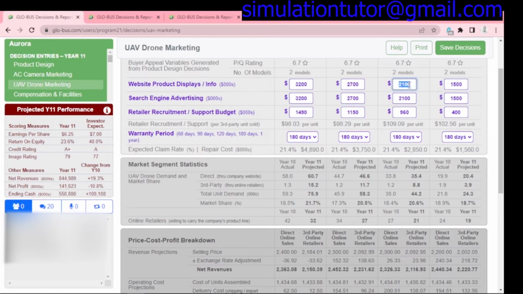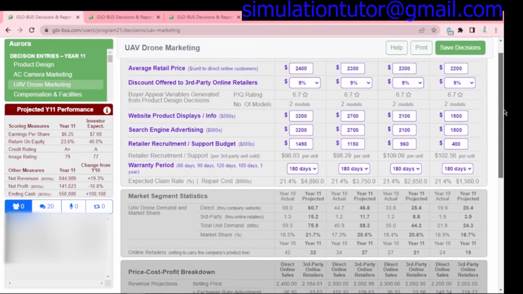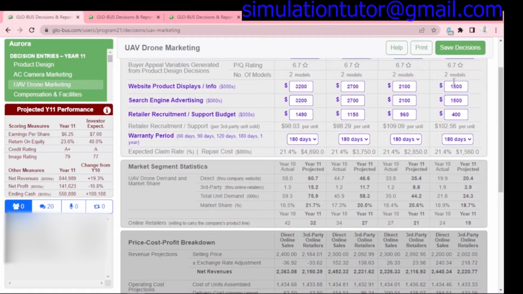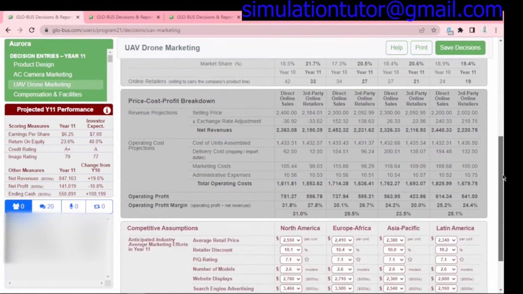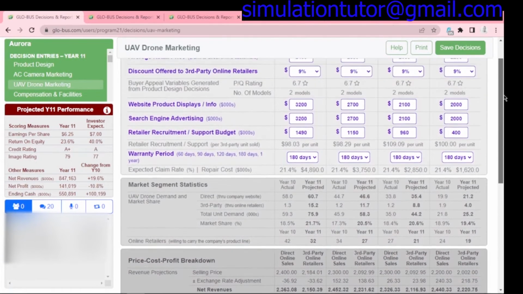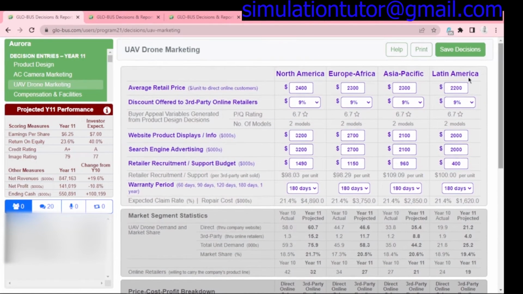So here we can increase this to 2,100. So yeah, we'll maintain it that way. In the Latin America market, we can increase this maybe to 2,000. So I think 2,000 is a great figure in this case. So 2,000, yeah.